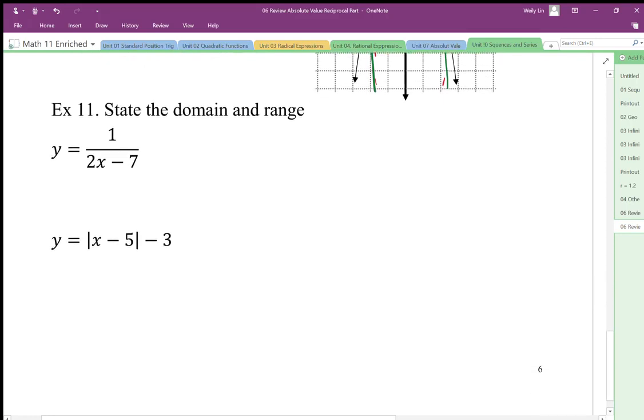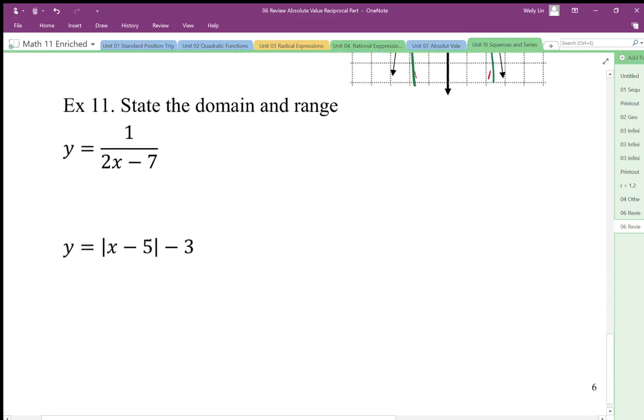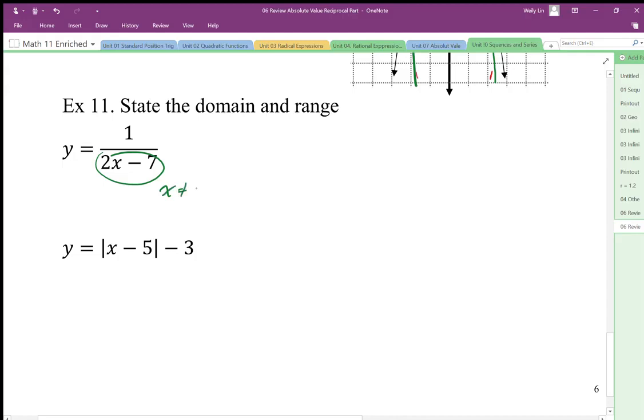Lastly, the domain and range. For the domain and range of these rational reciprocal functions and absolute value functions, the domain and range is going to be determined by the restrictions. So here I have a restriction in the denominator that x cannot equal 7 over 2, or 3.5. Okay, so 7 over 2 represents a restriction on the x.